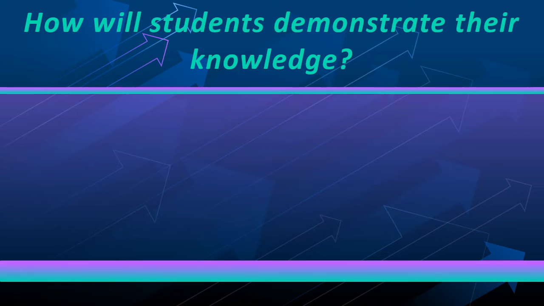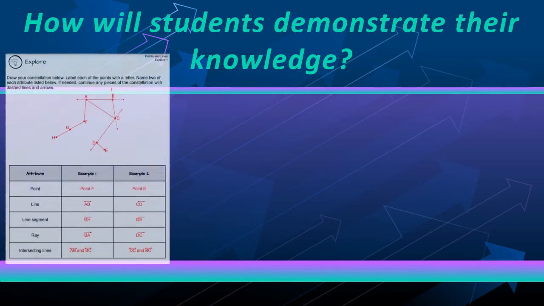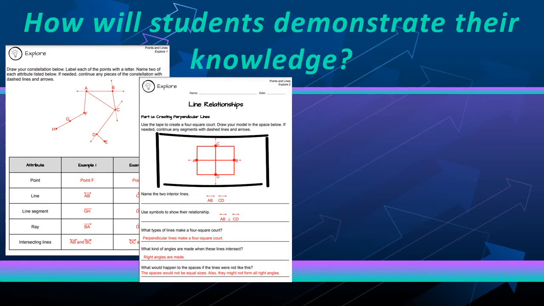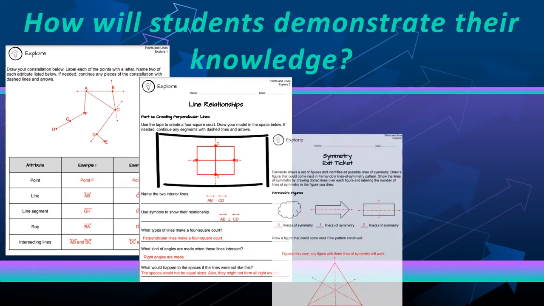How will students demonstrate their knowledge? Here are some possible examples. This is an explore activity from STEMscopes where students are given a constellation and then are identifying points, lines, line segments in the constellation. Another explore example is where students are creating perpendicular and parallel lines and then writing what they found out from their models.